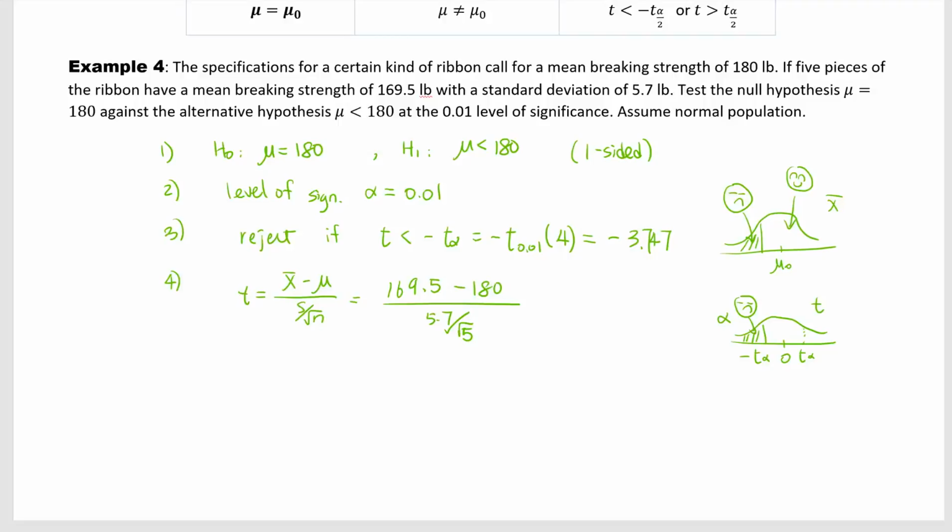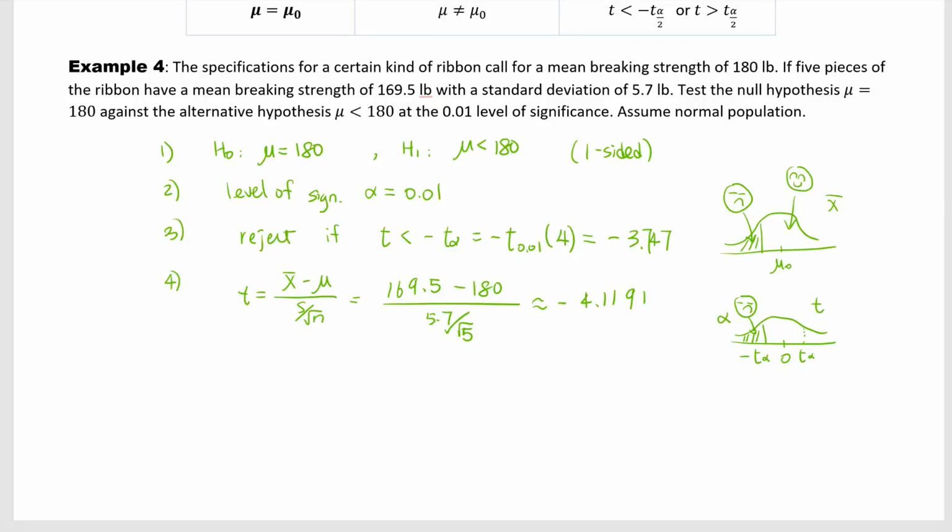Okay, let's put it into our calculator: 169.5 minus 180 divided by 5.7 over square root of 5. That is negative 4.11907.